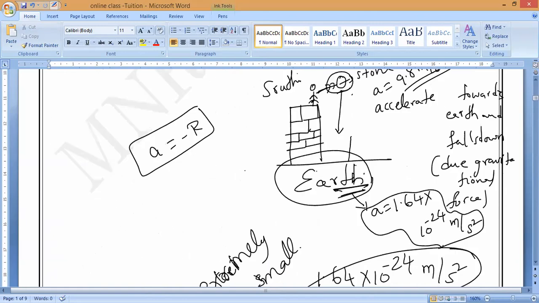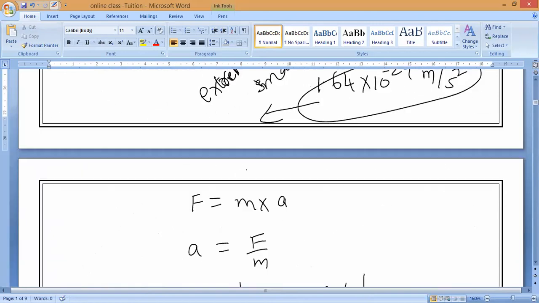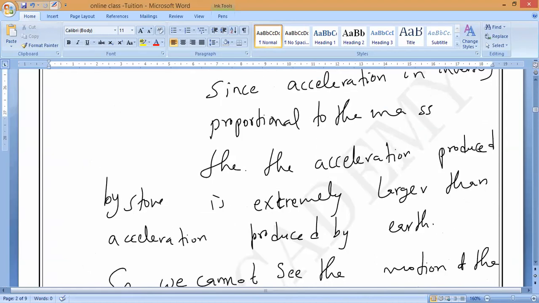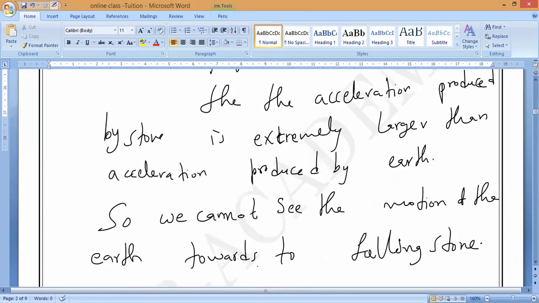Okay, guys? It is not a definition, it is an explanation. Any doubt till here? Shall we start now?